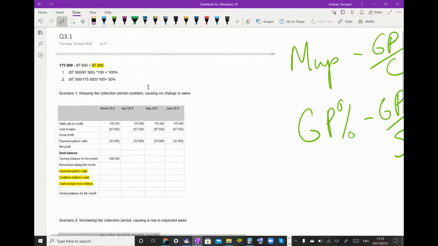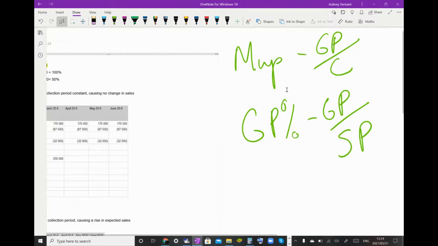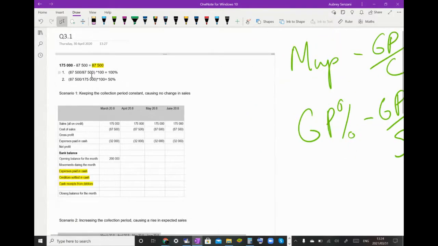Now that we have our gross profit, we can work out the first one, which is your markup: gross profit divided by cost of sales. We take that 87,500 divided by 87,500, because that's our gross profit and that's our cost, times it by 100, and we get 100%. So that's our markup percentage.